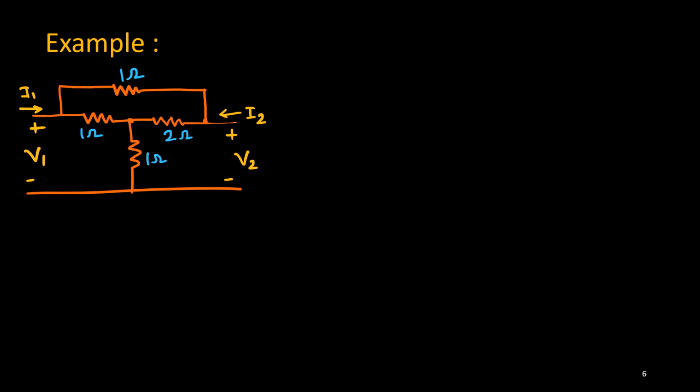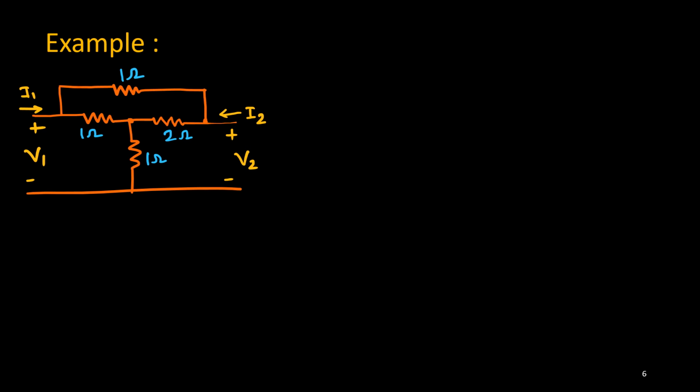So can I solve this problem using these methods? Now you see here, this element is connected here and this is one network and it looks like a T network. So this is your T network, then it is parallelly connected. So can I redraw this circuit? Okay, let's see.